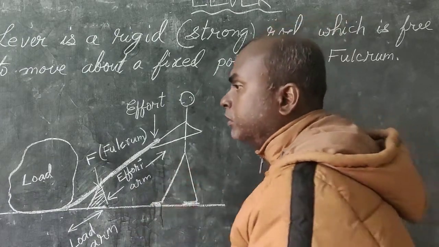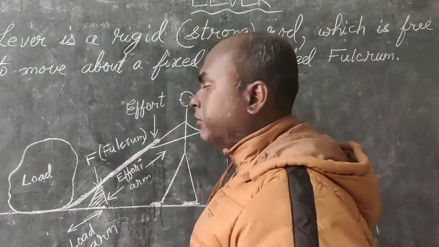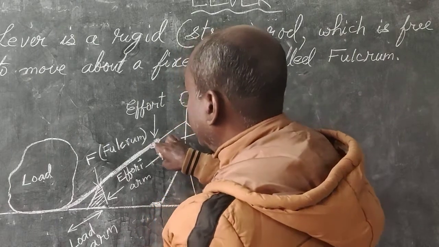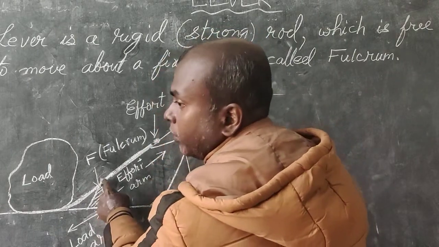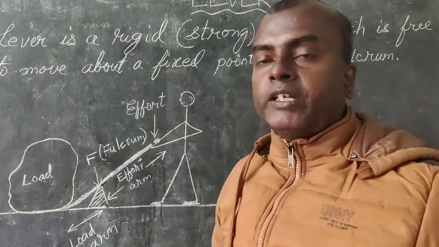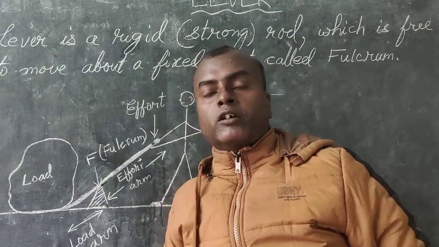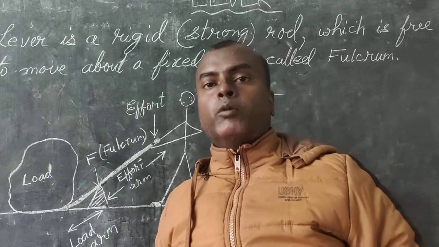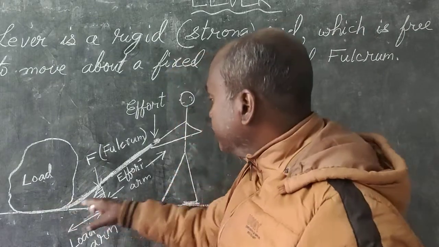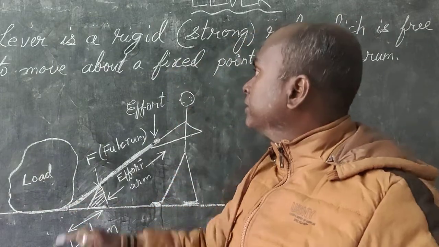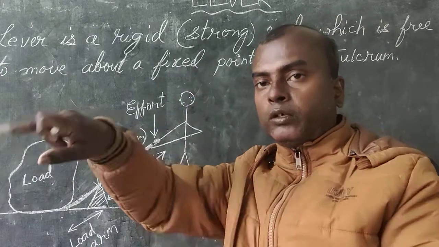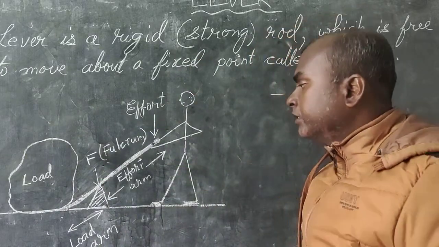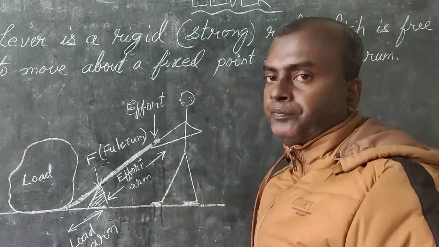The man has to give leverage by himself. With one hand he will hold here, with the other hand he might have to hold here to get that leverage, to get that convenient point. So you can say this fulcrum is a convenient point wherein this rod, which is called lever, will rotate, will move.